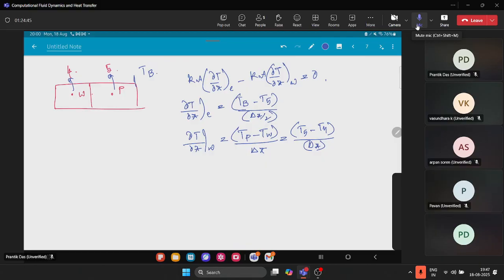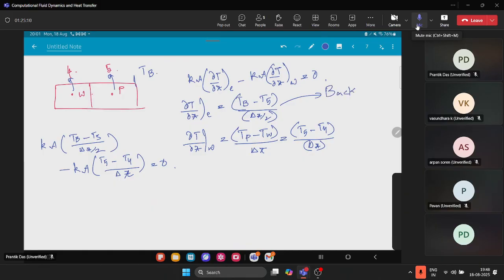So now this becomes Ka (Tb minus T5) divided by delta x over 2, minus Ka (T5 minus T4) divided by delta x, equal to 0. This one is basically called the backward difference formula.